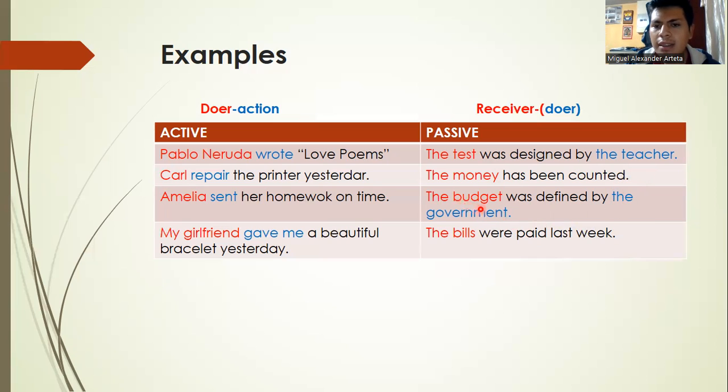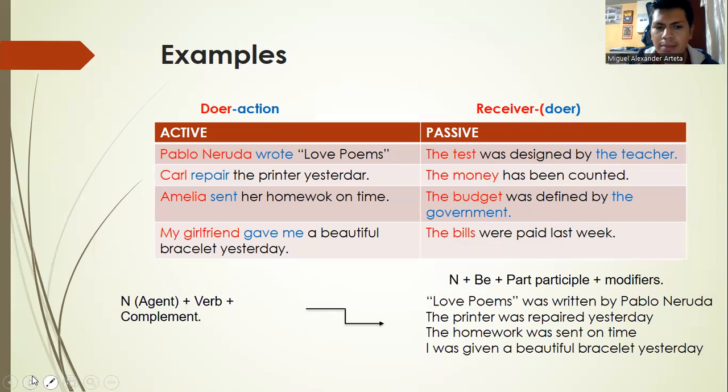Another example says the budget was defined by the government. So in this case, we have the receiver, that is the most important, and we have the government, that is the doer. Finally, we have the bills were paid last week. So the bills are the receiver, but we don't have the doer. So we don't know who paid the bills.